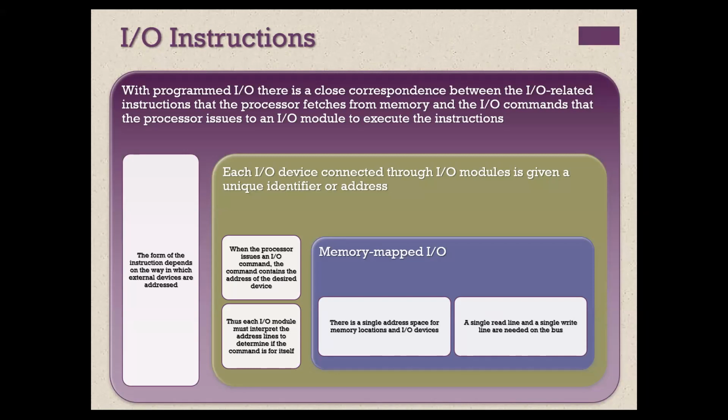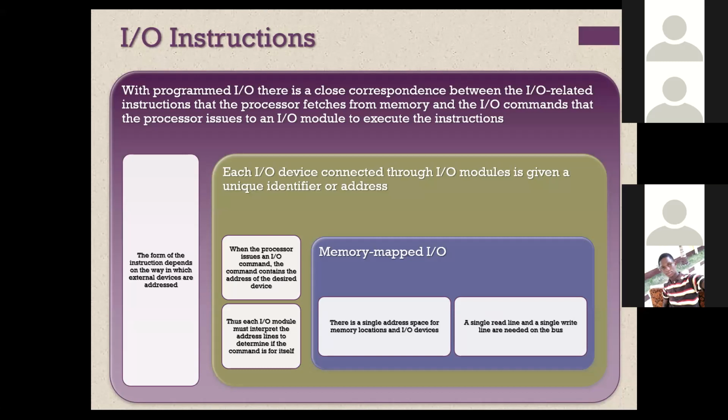So again, assuming a 10-bit address with 512 memory locations numbered from 0 to 511, and up to 512 I/O specific addresses for the devices, in this case locations 512 to 1023. Mind you, we have a total of 1024, so we start from 0 to 1023.